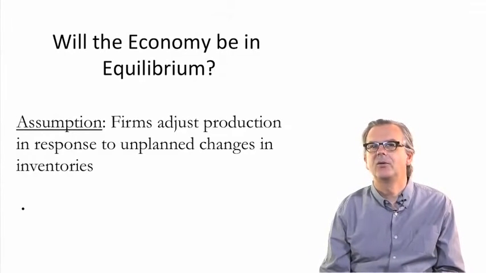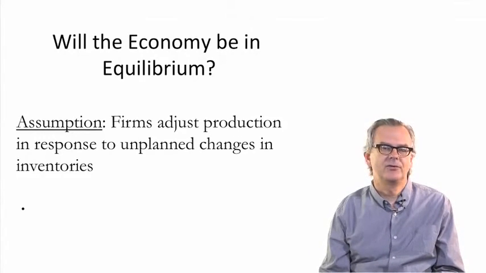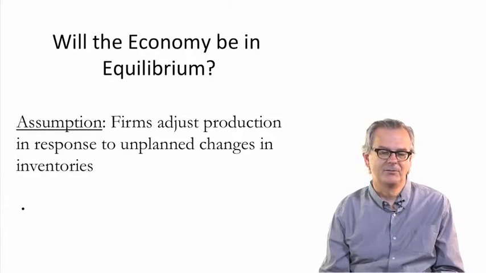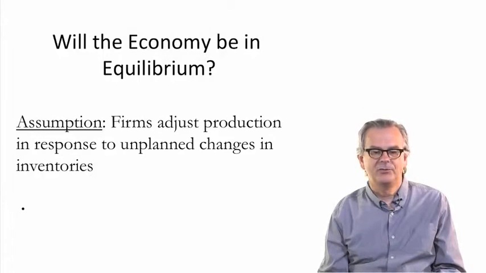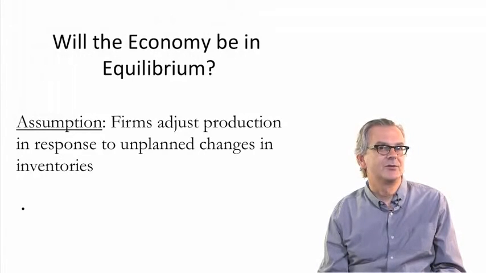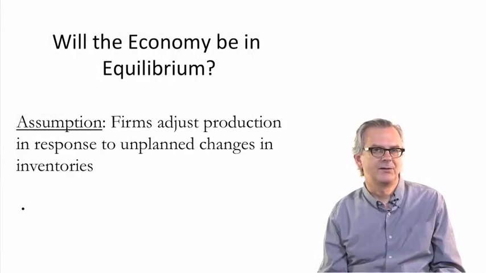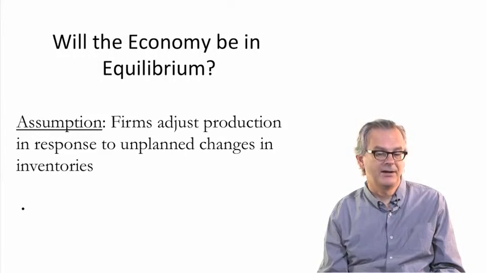It's an assumption about one of the things that might motivate firms' production decisions. What we're going to assume is that when firms observe unplanned changes in inventories, they take that as a signal that tells them that they've gotten their production plans wrong, that the amount that they're producing doesn't match exactly the spending plans of the economy.